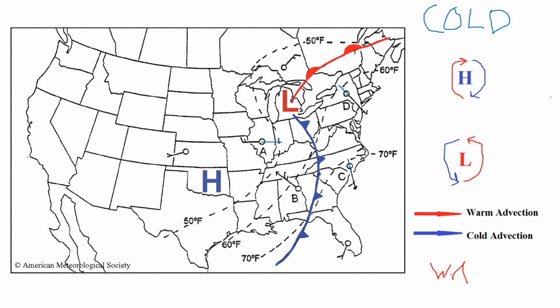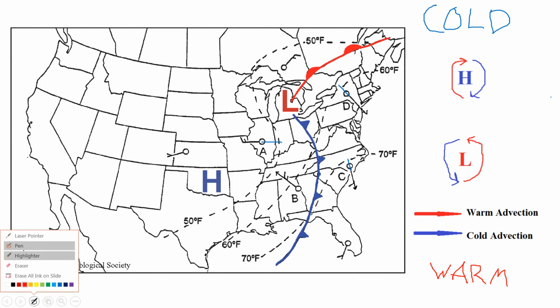If you recall from the hand twist model, one of the key points is that air rotates counterclockwise around low pressure systems and clockwise around high pressure systems. Well, here's what this means here in the Northern Hemisphere. Let me turn on my laser pointer.